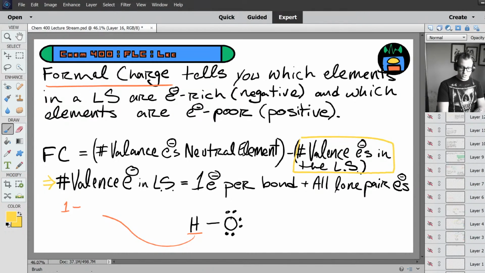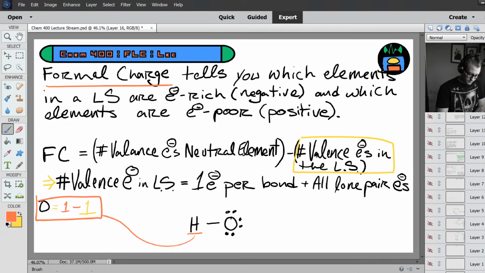Well, we get 1 electron per bond. Hydrogen only has 1 bond and no lone pairs. So 1 minus 1 gives us a formal charge of 0. And when your element has a formal charge of 0, you don't write any number, all right? You only write formal charges that are greater than or less than 0. But hydrogen has a formal charge of 0, so we don't write anything there.